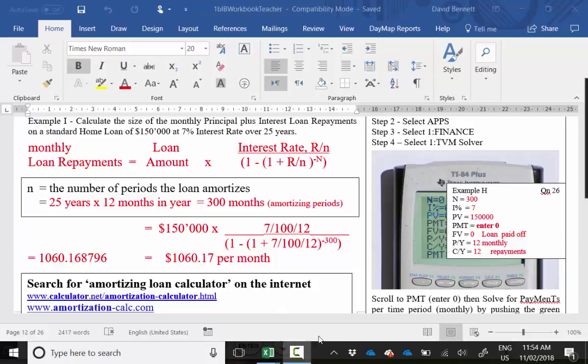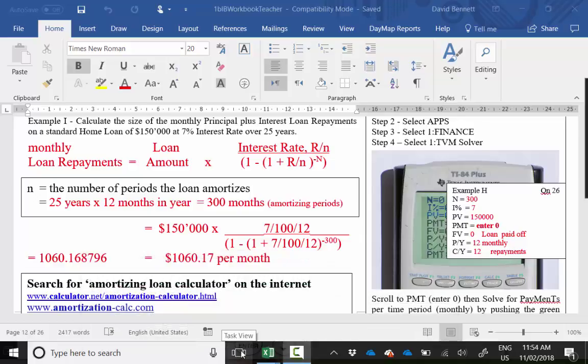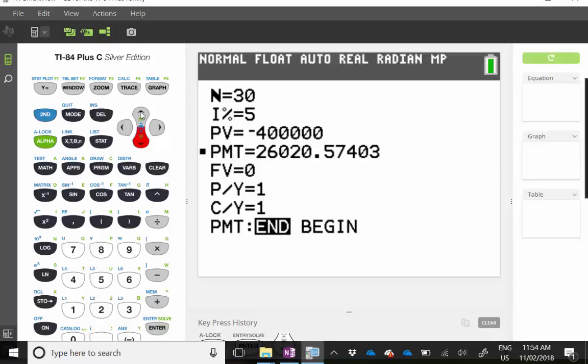The other thing I can do is use my calculator, and that's what I want to show you. If we come into our calculator, this does all the calculations you need. N is 300, we had an interest rate of 7%, and we have a loan for 150,000.